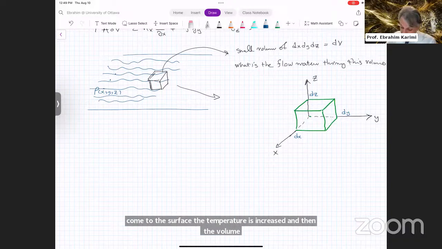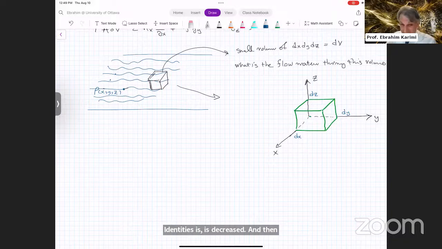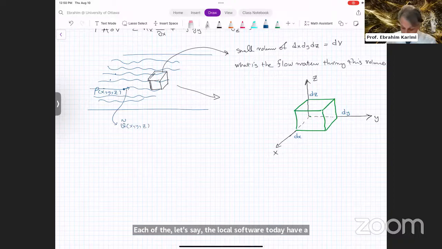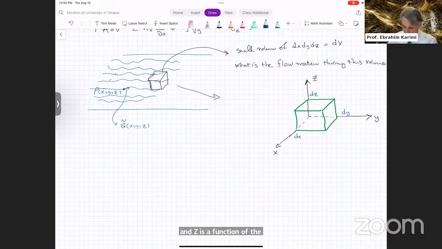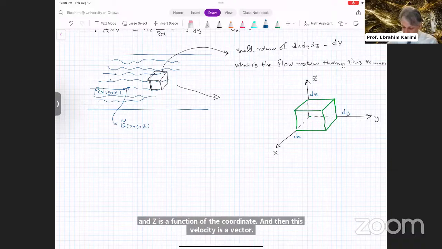And then for each point, as I said last time, look like a vector. Each of the molecules of water has a certain velocity, which is given by x, y, and z. It is a function of the coordinates. And this velocity is a vector. It can be in any direction. For example, here it is in this direction.